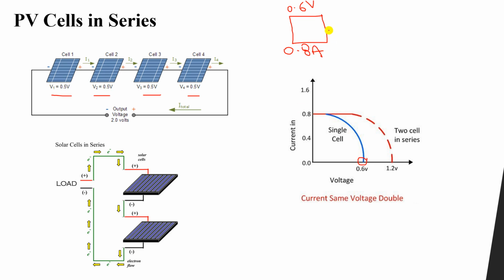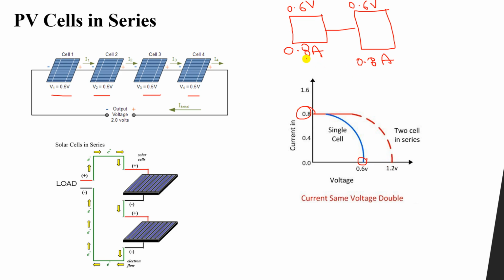Now when we connect it with another cell with 0.6 volt and 0.8 ampere, we have two cells here. You'll find that we will have the same current, single cell and two cells. You will find here the current is the same, but the voltage is increased.